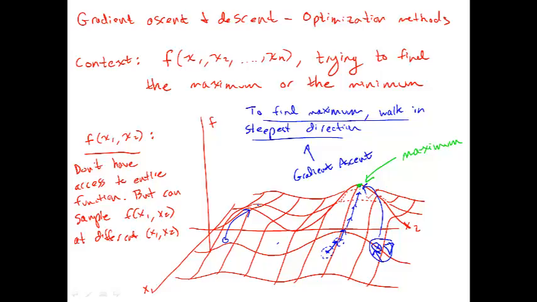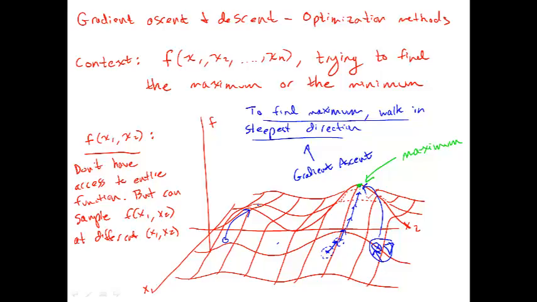If you're trying to do gradient descent, so maybe trying to find the minimum of a cost function, for example, then you're just walking down the hill. So you do the same thing as in gradient ascent, but you go in the direction opposite of the gradient. And again, you keep taking steps until the gradient reaches 0.